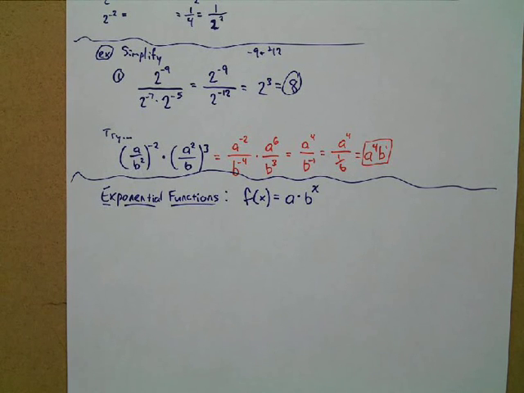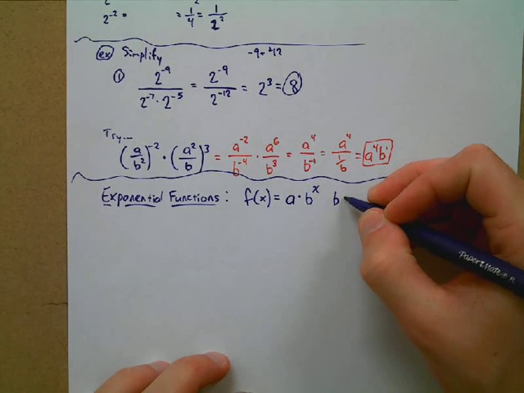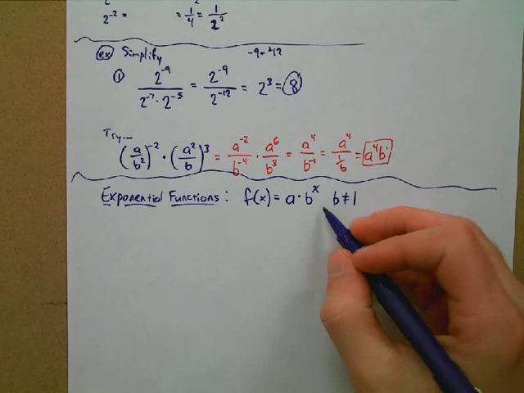Of course, we have to make some stipulations here. So first of all, we want to stipulate that b is not equal to 1. What would happen to our exponential function here if b was 1? Why do we have to stipulate here that b is not equal to 1?